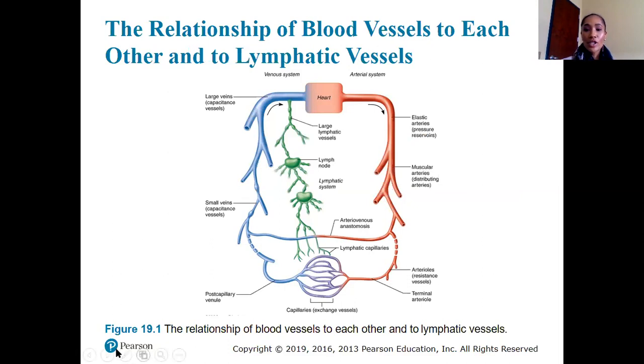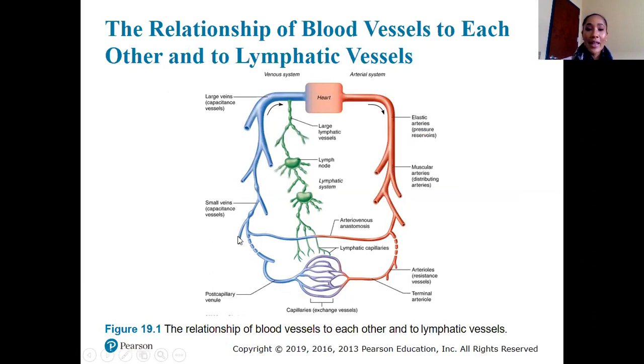Then we get to our capillaries, which are the very, very thin network of blood vessels that come in direct contact with our tissues. They will deposit oxygen and nutrients to our tissues and pick up CO2 so that we can circulate that back into the heart. From the capillaries, we go to very small veins that we call venules.